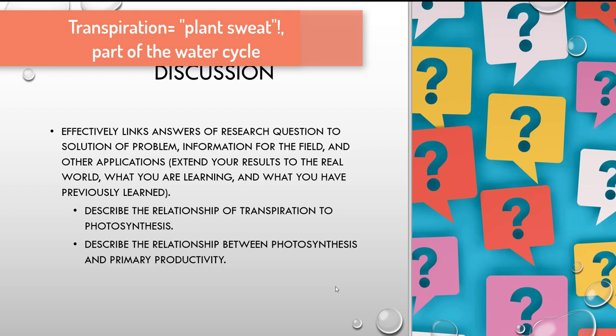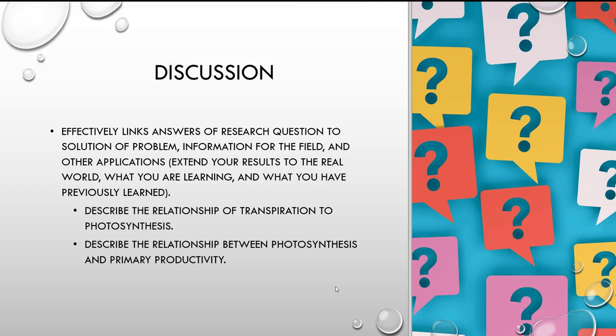Their water is leaving the stomata of their leaves, and then the water evaporates back into the atmosphere. So how is that related to photosynthesis? Describe that relationship. And then you'll also want to describe the relationship between photosynthesis and primary productivity.